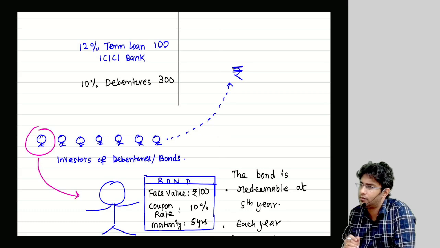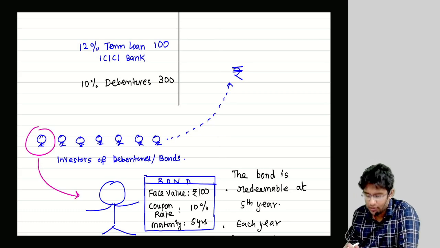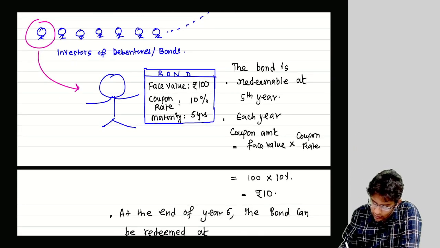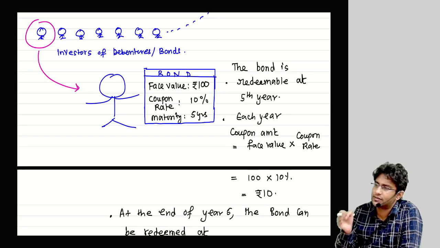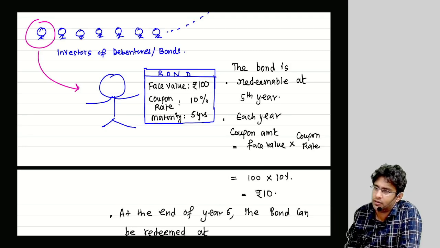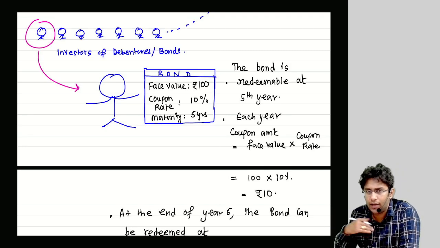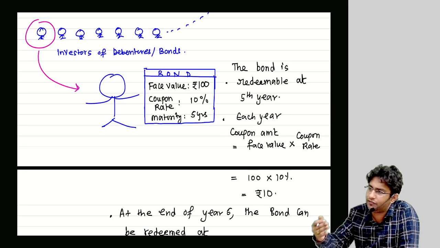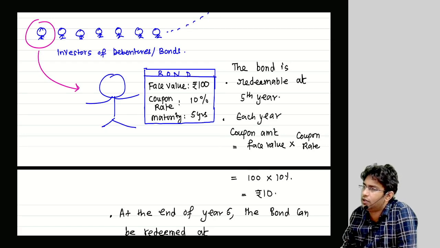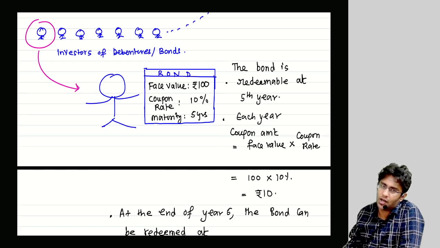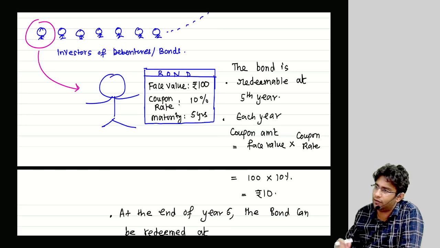Will the company pay? What will the company say? Ray, come here. What is the maturity period? 5 years. So you can't ask for repayment before that date. You have given me money, I will give you definitely after the 5th year, not before that. Sir, but this fellow is in urgent need of money. How will he get it? The company will not give.